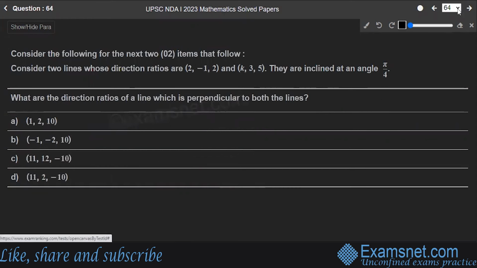Hope you understood. Next is same statement. Now the question is, what are the direction ratios of a line which is perpendicular to both the lines? Okay. So given the two direction ratios, A was 2, minus 1, 2 and B was k, 3, 5.